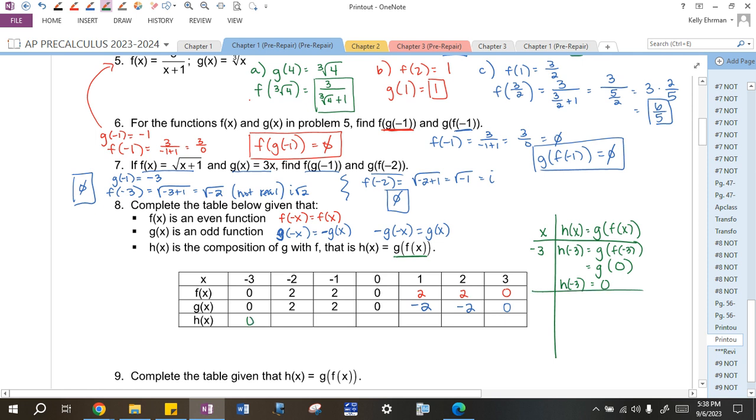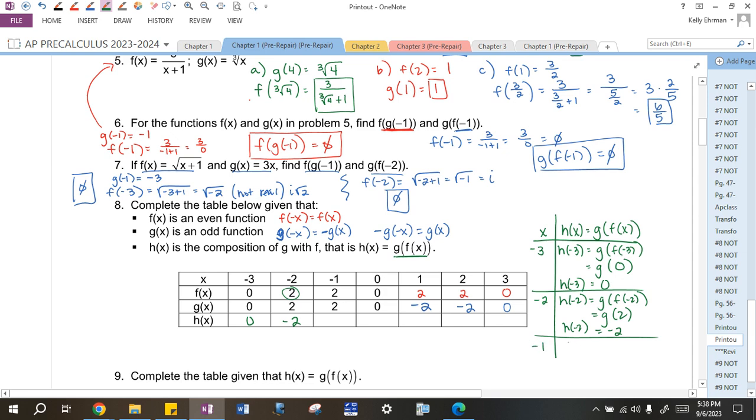Okay, so then we're going to say -2. h of -2 is g of f of -2. What's f of -2? 2. What's g of 2? Go to 2 for x, go down to g. That answer is -2. So, excuse me, h of -2 is -2.